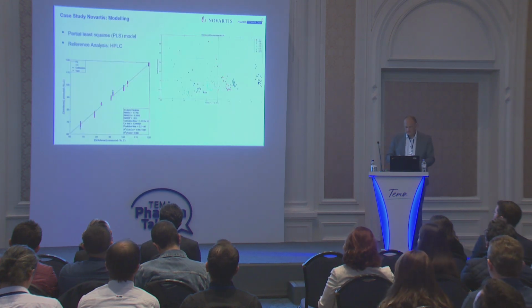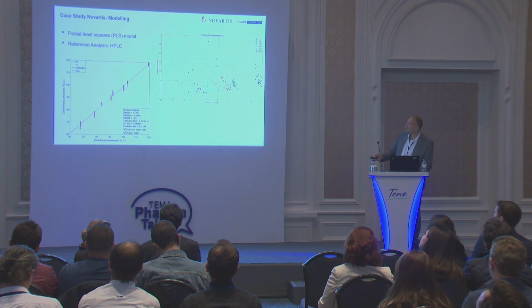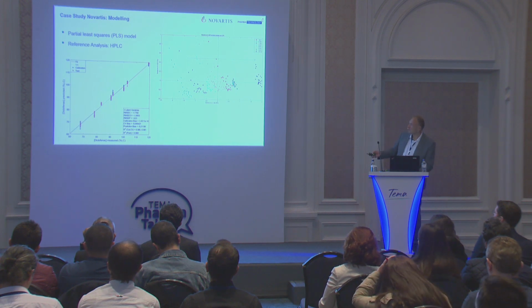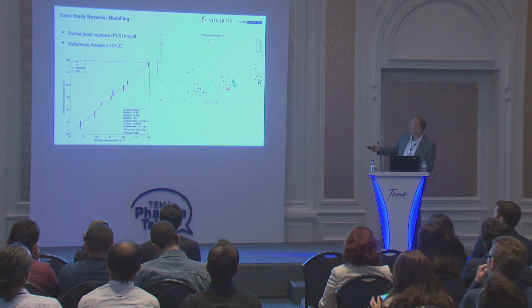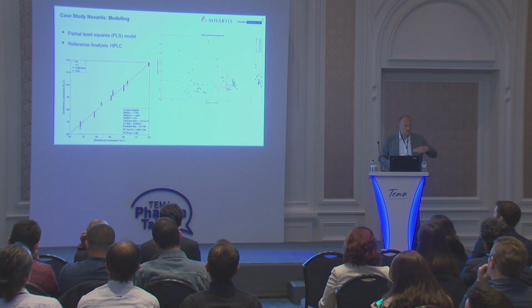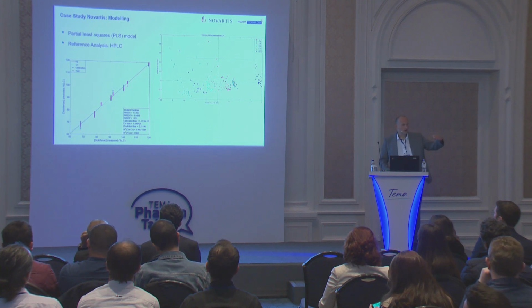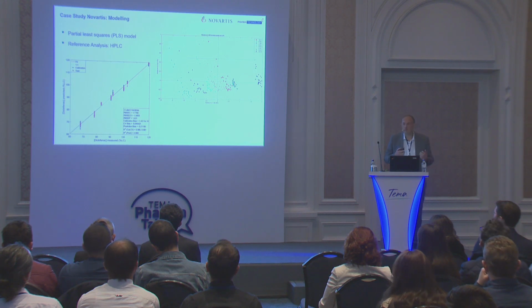This now results in our model. So we have here the measured diclofenac versus predicted. We also have the scores plot. Also here we can see we have a direction from the low dose up to the high dose product. Low dosed, high dosed, these are my calibration samples.